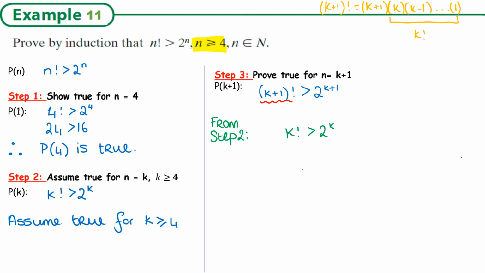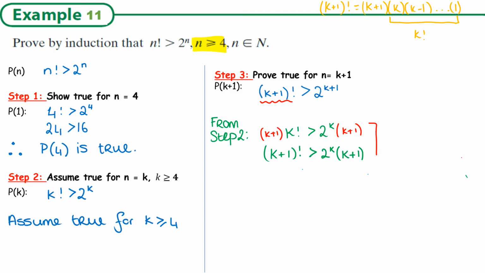So to make the two left hand sides equal, I'm going to multiply both sides by k plus 1. And now what I've made on the left hand side is k plus 1 factorial. So now my two left-hand sides match, and I have 2 to the power of k times k plus 1.